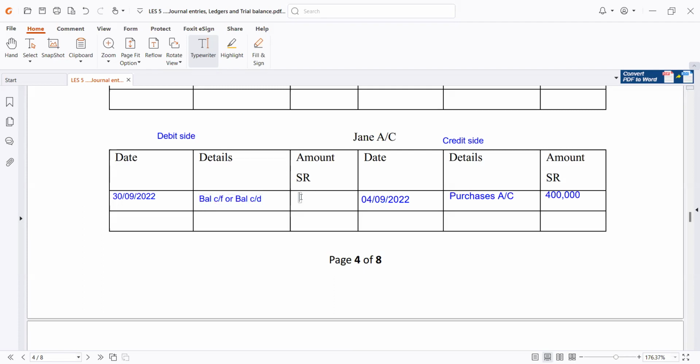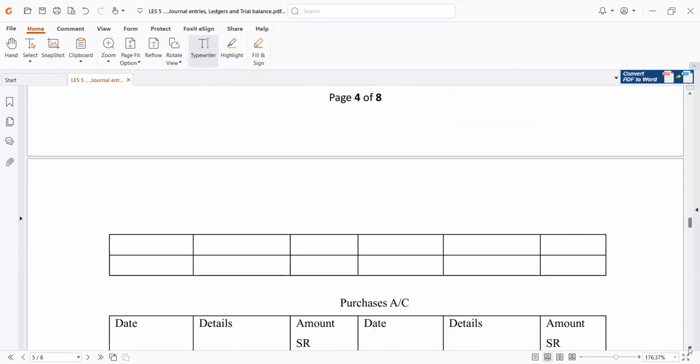The amount on the other side is 400,000 and you close it off here, 400,000 like that. And on the other side, you have your 400,000. You foot and rule the two lines, the way I showed you, two lines below the 400,000. That one you refer to as foot and rule.